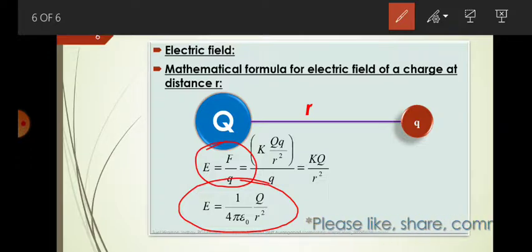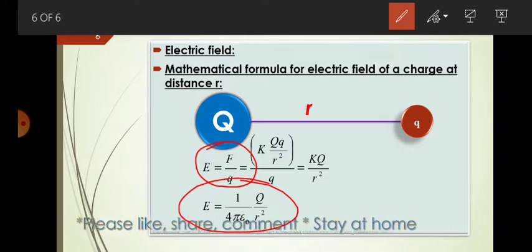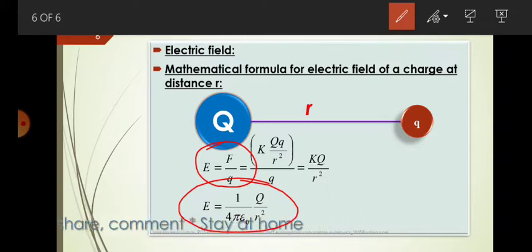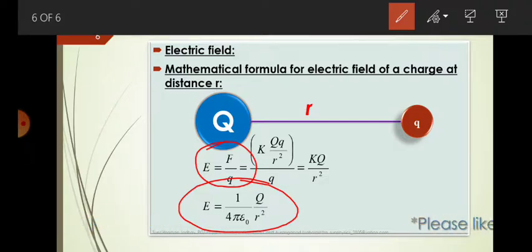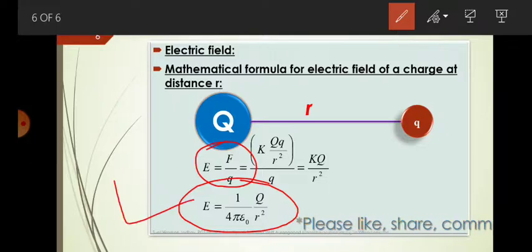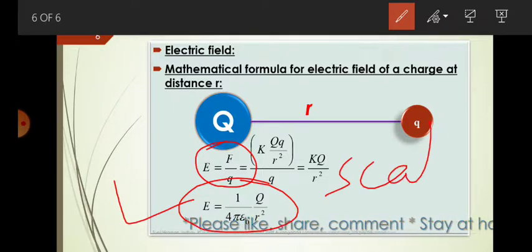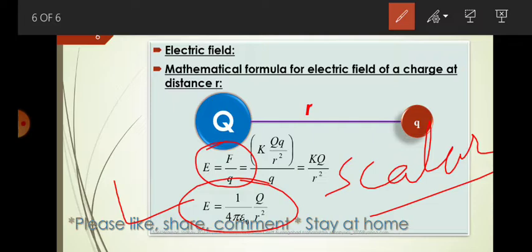Now see, here is a very small difference between electric field intensity and electric field. You will come across these two terms frequently when you refer to different types of books. Whatever value we are finding here is in scalar form.